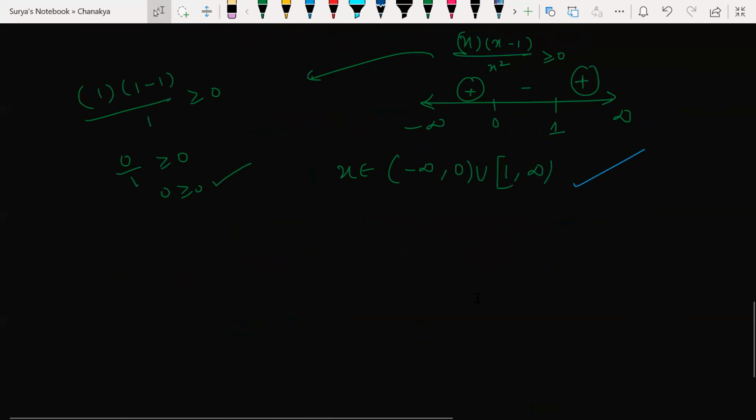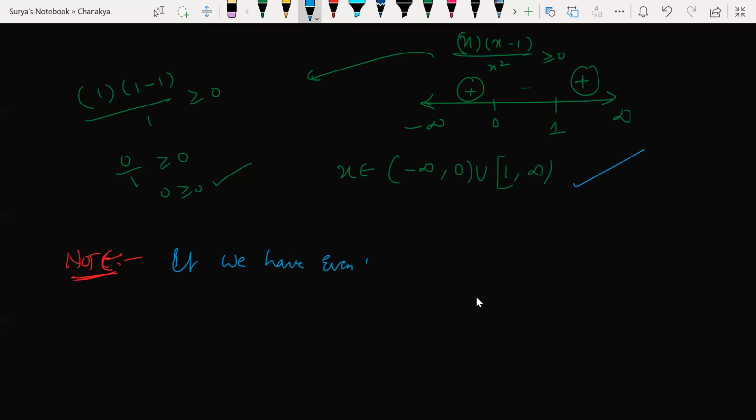Look at this here. Whenever you have even power, let me tell you, note, everyone write a note so that you will understand. If we have even power, then no change in sign.